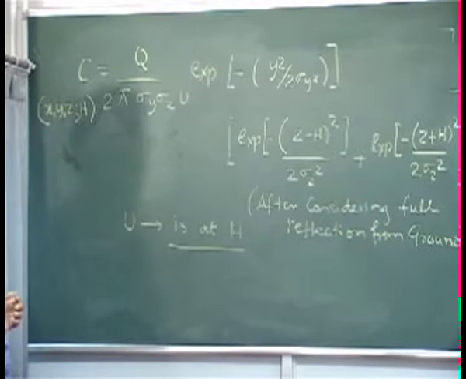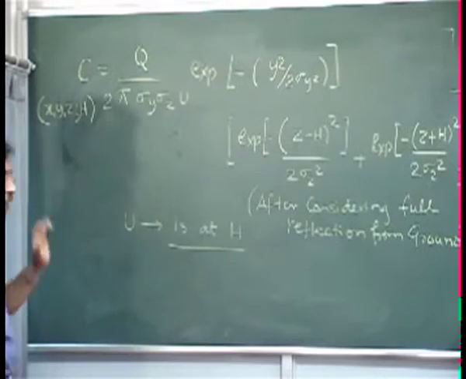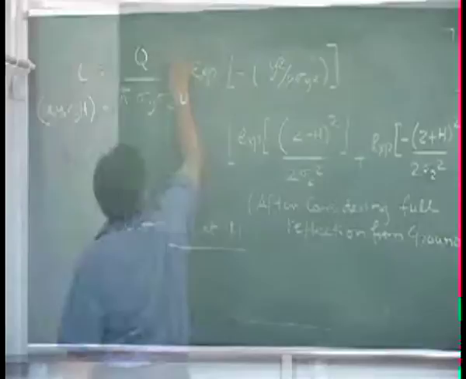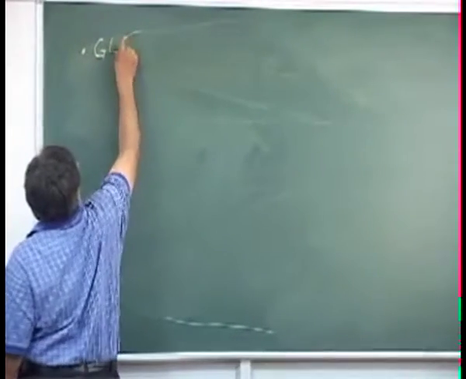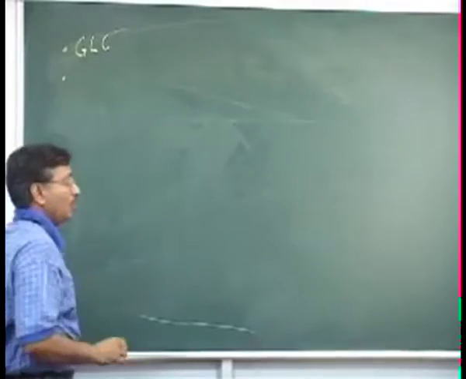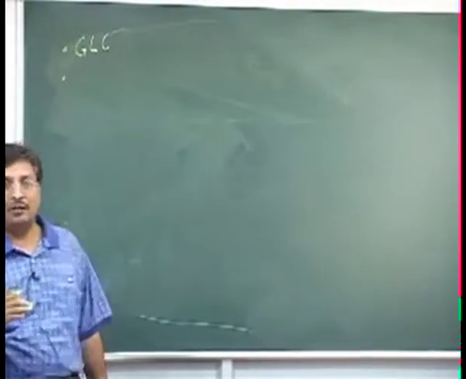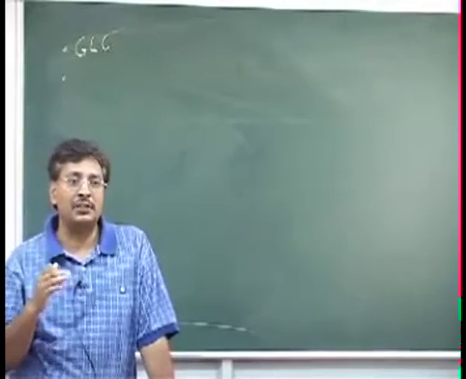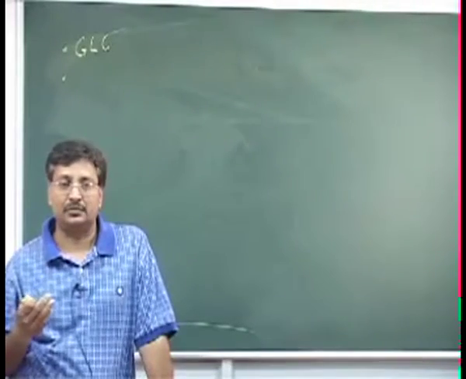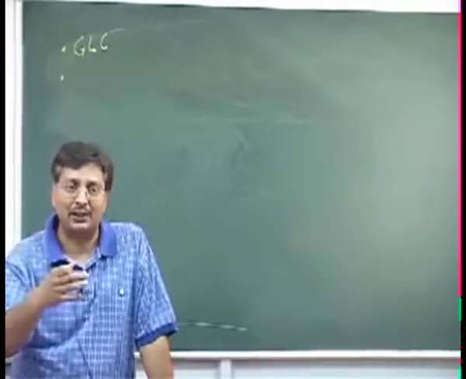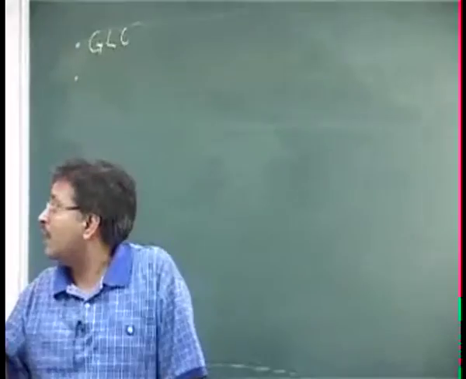Now some variation of this one, I'll very quickly do. Sometimes I'm interested in only ground level concentration. I'm also interested in, at the ground level, what value of y you expect the concentration to be more. We want to see the maximum impact. Well, maximum impact where?